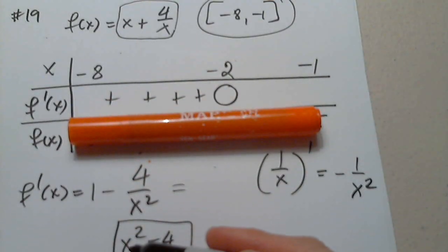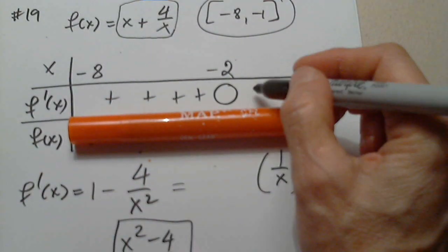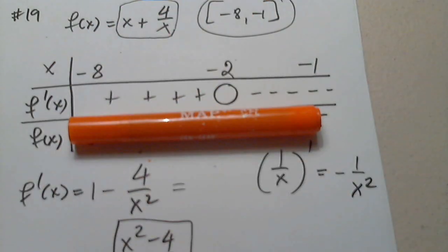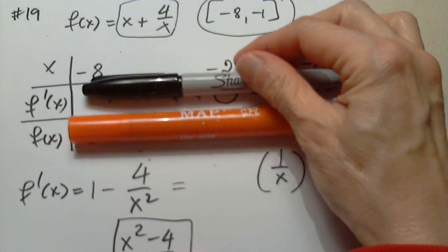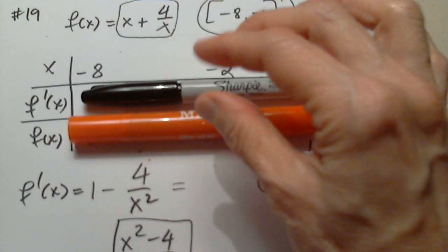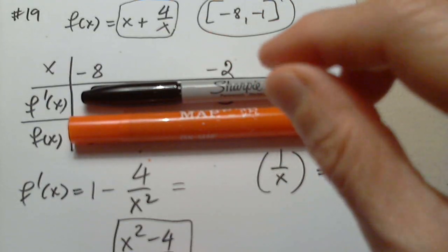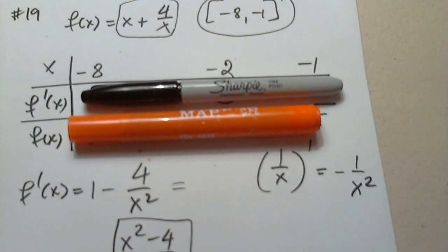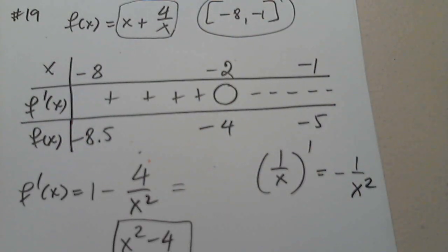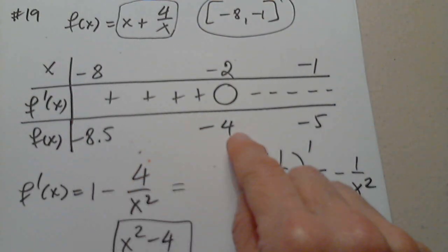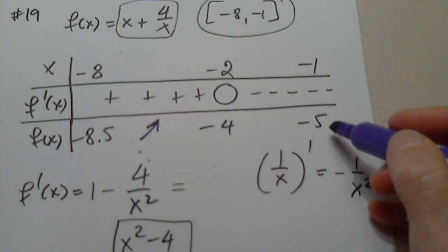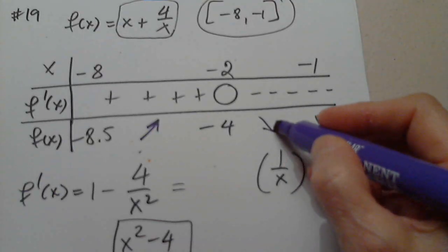If I plug in -1, I have 1 minus 4, which is negative. I have to make sure that this row of f prime and the row for f work well together. If they don't, then I say, uh-oh, something is wrong. So from -8.5 to -4, yes, it's increasing, that's correct. From -4 to -5, yes, that's correct.